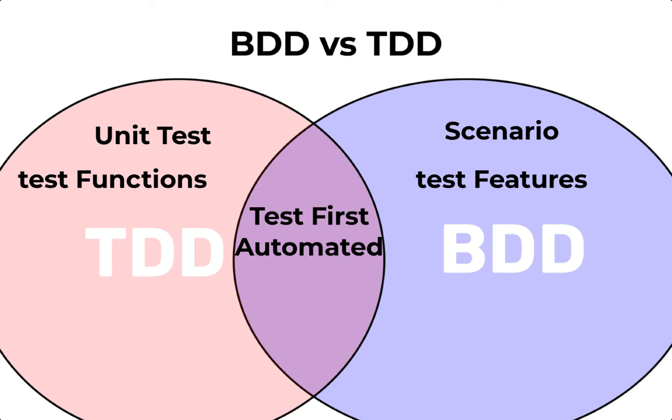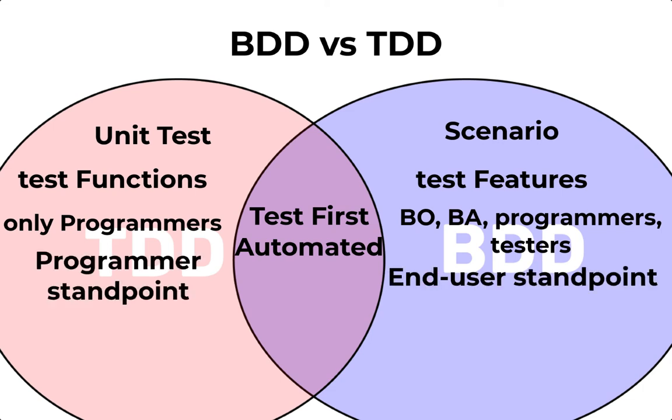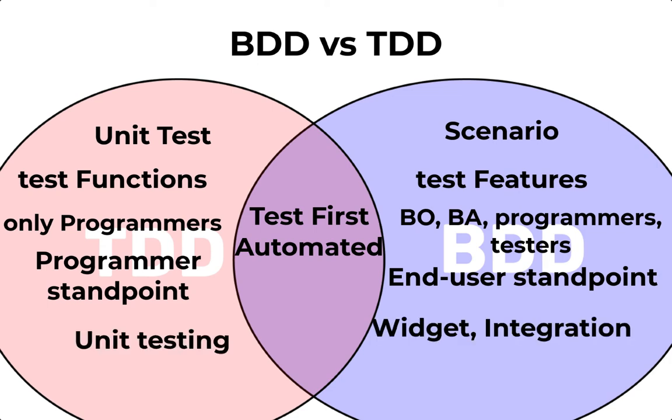In TDD, only programmers, rarely with testers, write the tests, but in BDD, there are many teams who write the scenarios. In TDD, tests are written from a programmer's standpoint. In BDD, scenarios are written from an end-user perspective. TDD suits unit testing, but BDD is more for widget and integration testing.